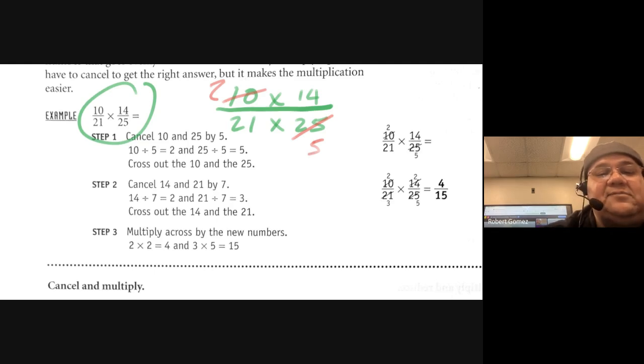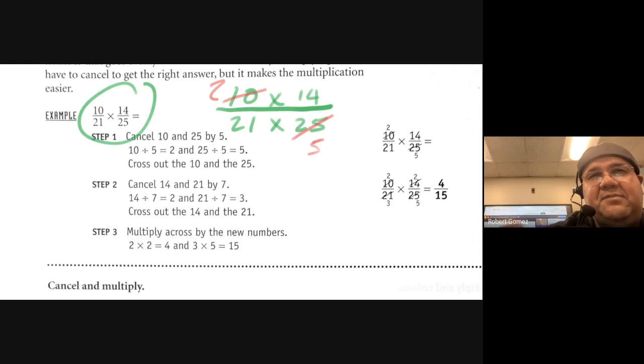And then I have those other two numbers, 14 and 21. I'm thinking, is there a number? Sometimes there is, sometimes there isn't. That's the way it works.